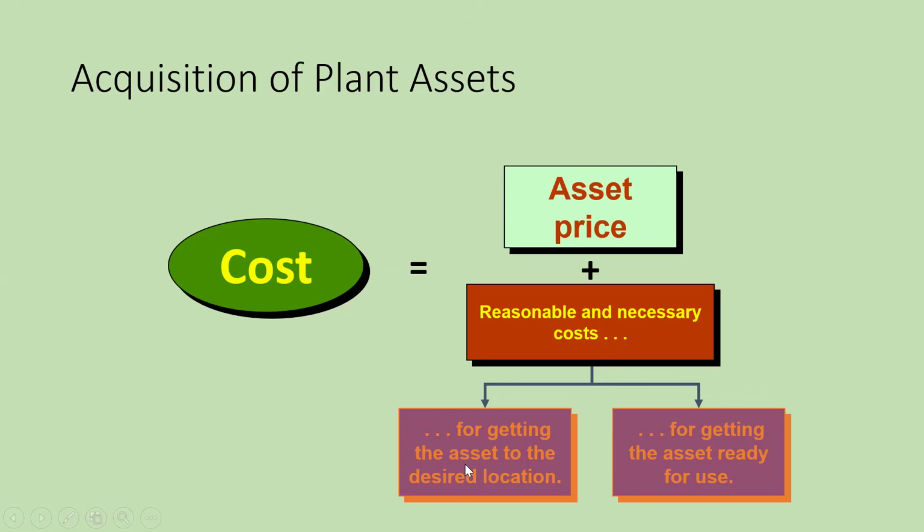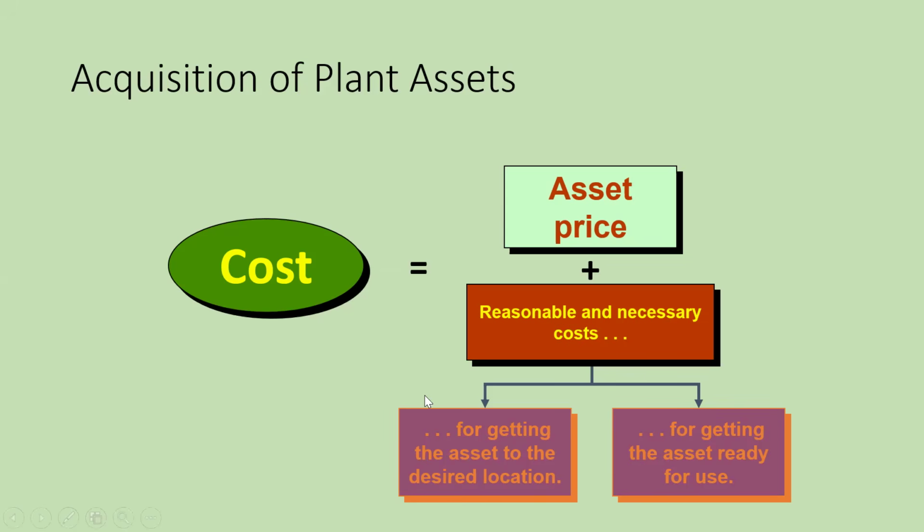Number one, for getting the assets to the desired location, may be for a factory or any organization or company. For example, delivery cost or freight charges, or any import duties if we are importing the asset from abroad.